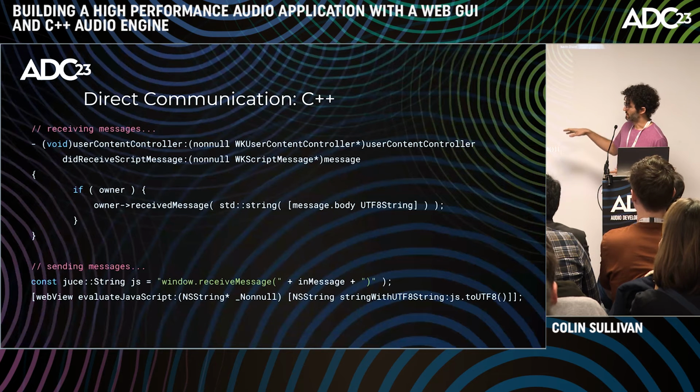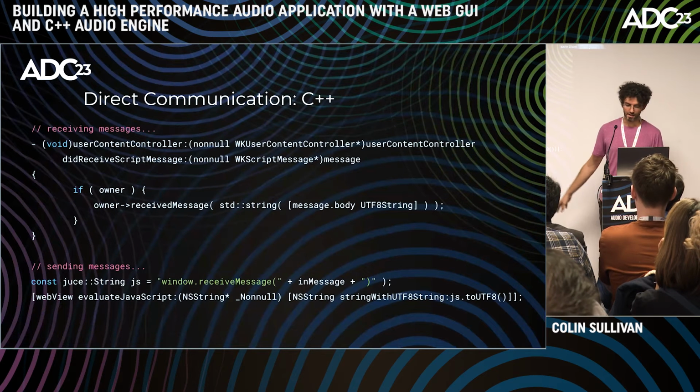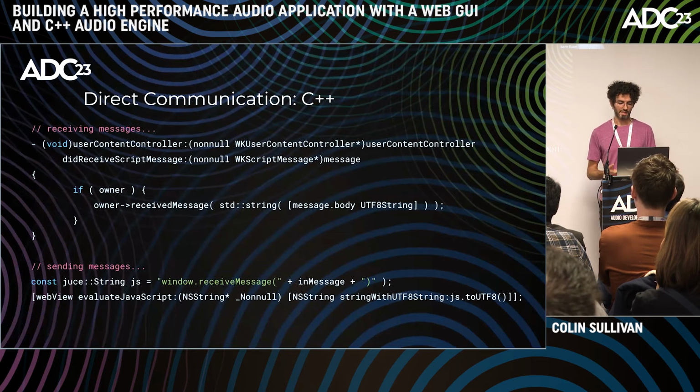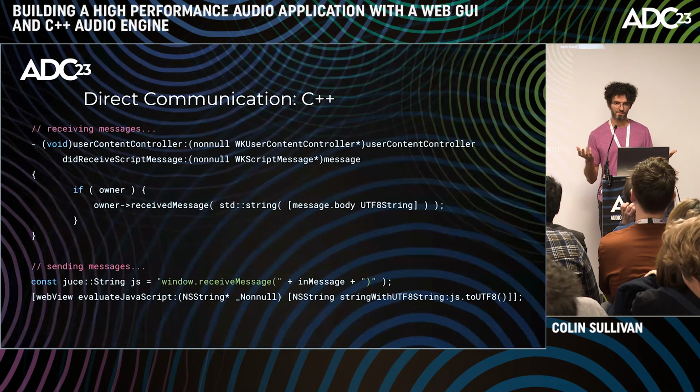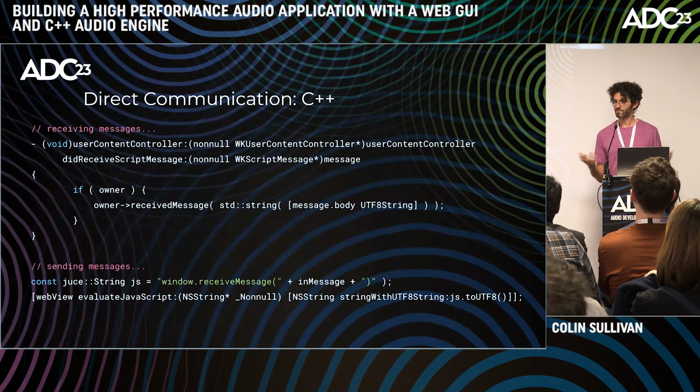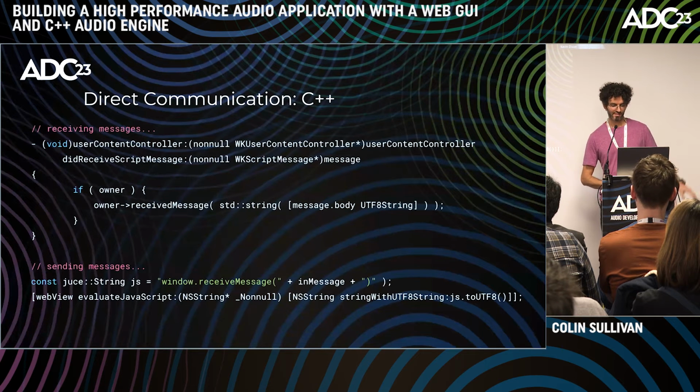You can see that window.receiveMessage in here. Actually, what it's doing is sending an entire string and asking the WebView to interpret it within the runtime of the JavaScript engine, which works actually. But the main point here is that we're sending strings.